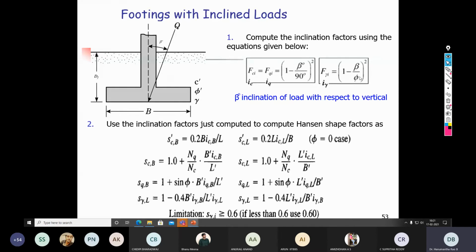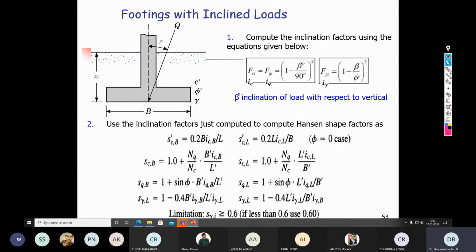So here in this case the F gamma will not become 0. I do not know why he has given F gamma is 0. So I request you all to note down these equations, inclination factors. FCI, FQI is 1 minus beta by 90 whole square. F gamma is 1 minus beta by phi whole square.